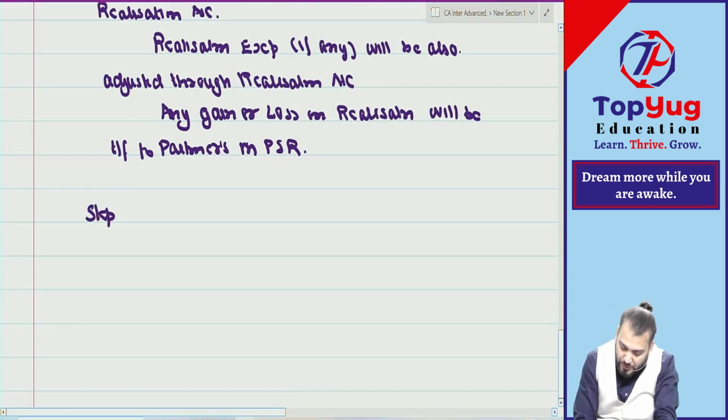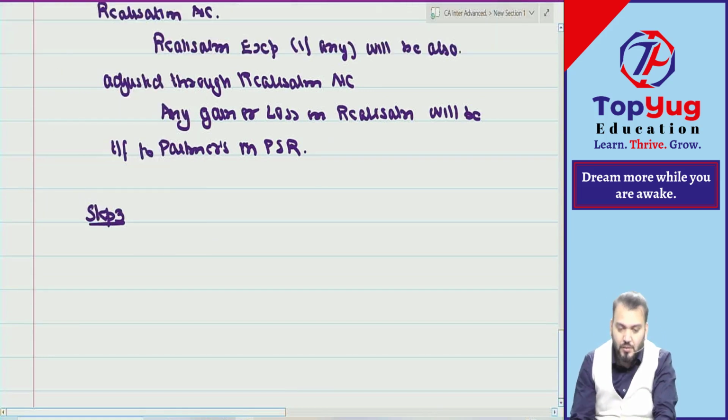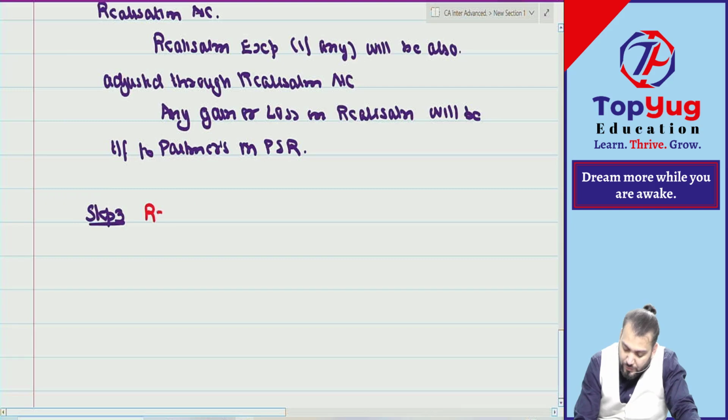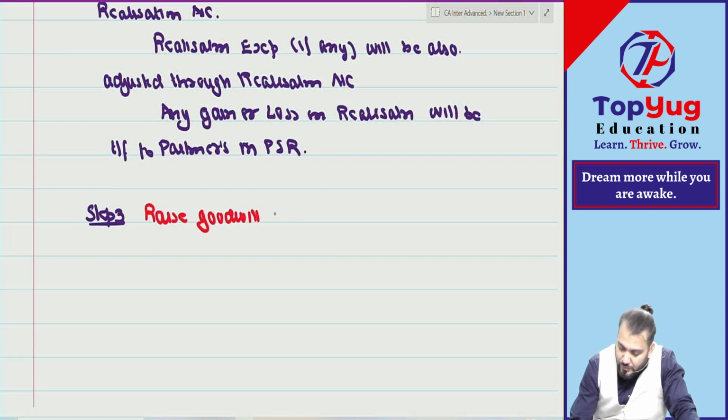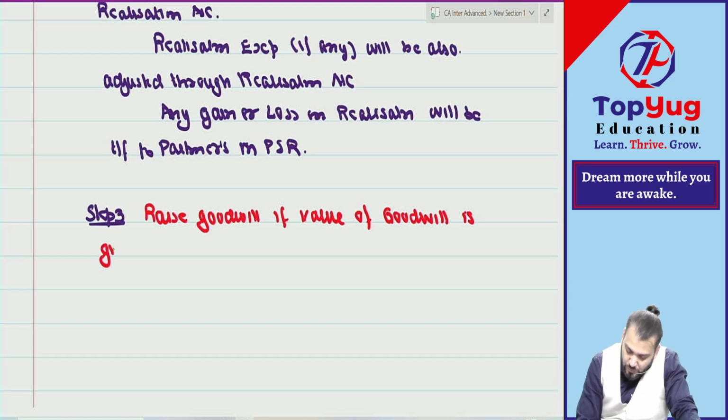What is step number 3? Correct. Goodwill. Look, raise goodwill if the value of goodwill is given in the question.